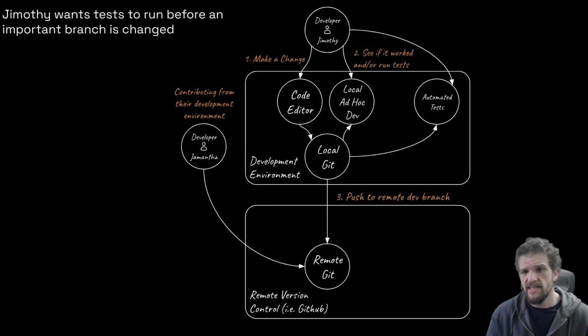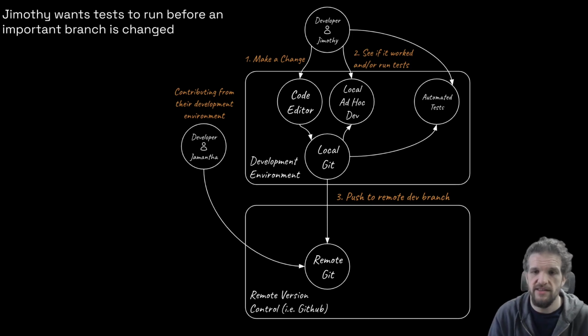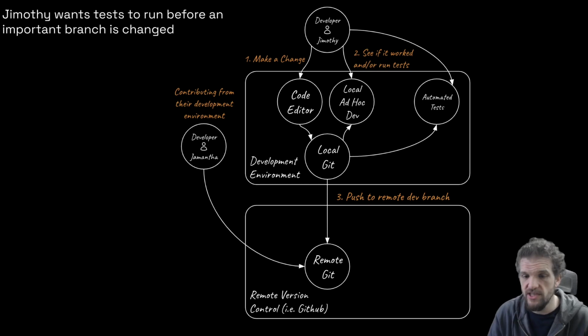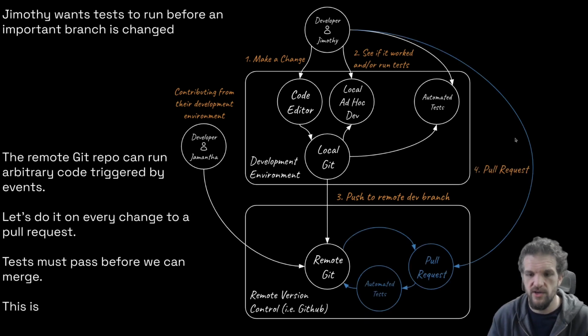So having all these tests locally is really helpful, and each developer can run their own tests to make sure that they have some confidence in their code. But what would be really great is if they could run tests on the remote Git repo before they move code into a production branch that eventually will get into the production environment. So we are going to add continuous integration. Continuous integration is running automated tests in the remote Git repo before you push it to production.